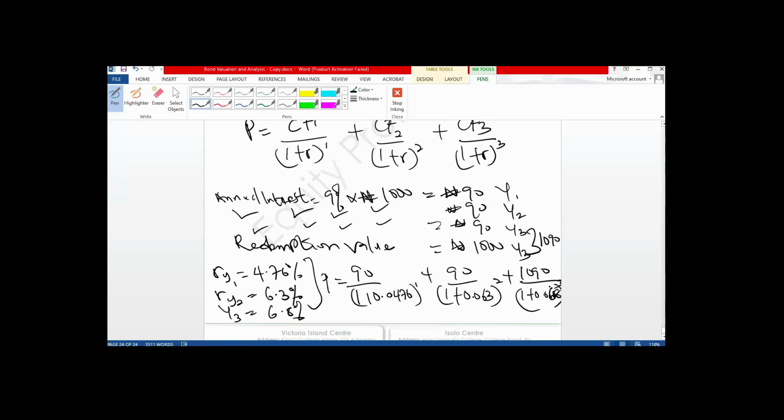With this, you are going to get the price of the bond. Once you get the price of the bond, you can compute YTM. Once you get the YTM, you can explain the reasons why you may not realize the calculated YTM.